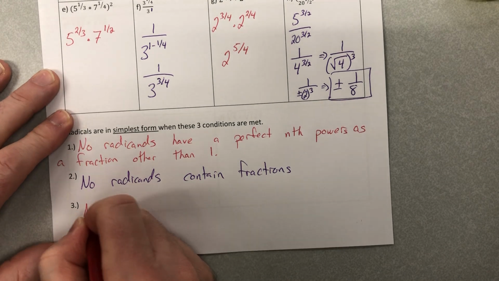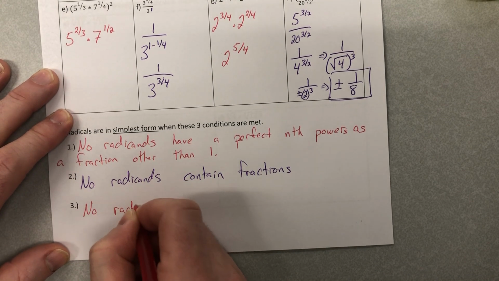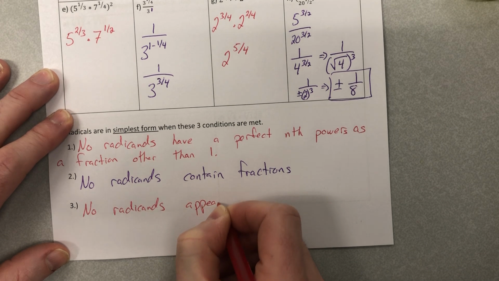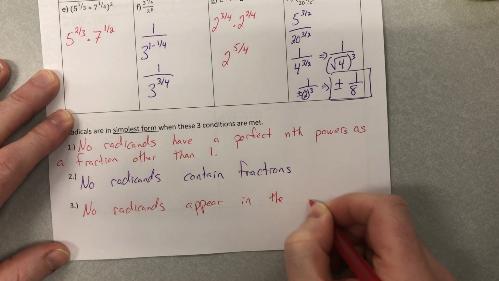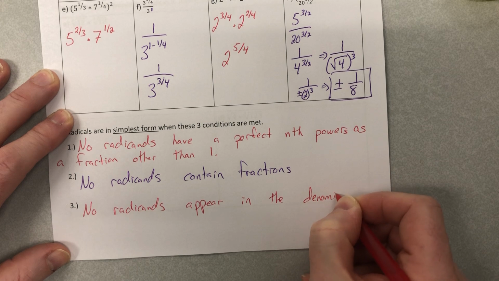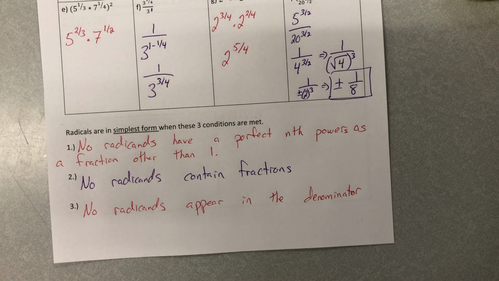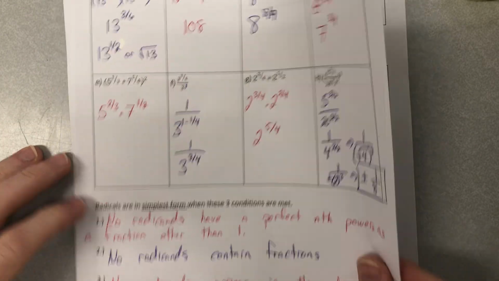And the last one is no radicals appear in the denominator. This is going to go back to stuff you did in the past about rationalizing the denominator and things like that.